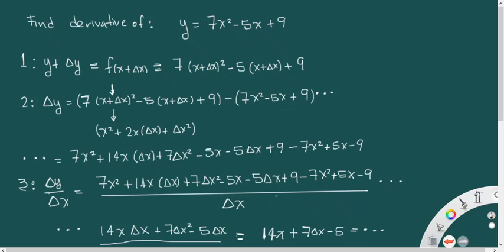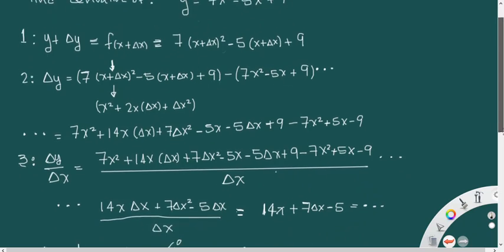So if we simplify this, we come up with 7x squared plus 14x delta x plus 7 delta x squared minus 5x minus 5 times delta x plus 9 minus 7x squared plus 5x minus 9.